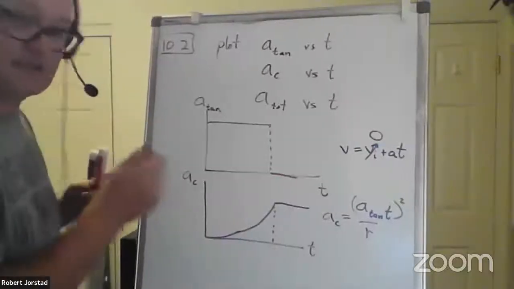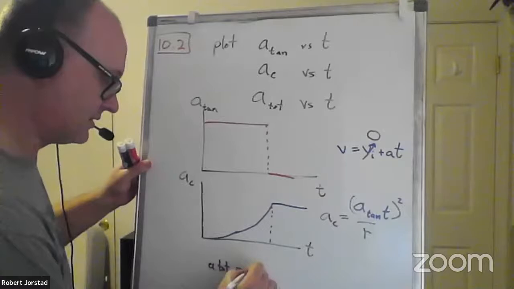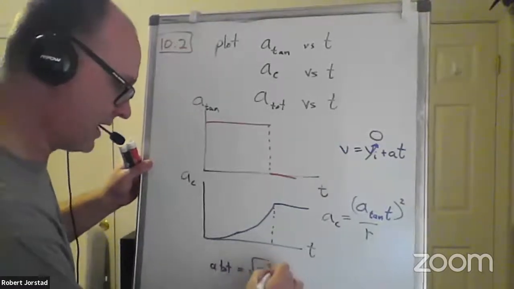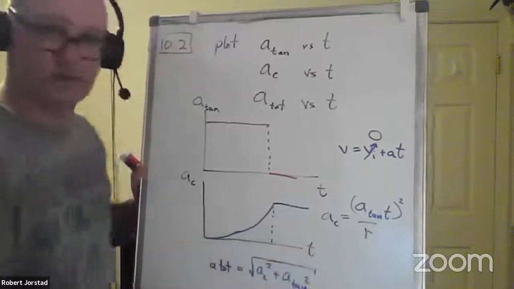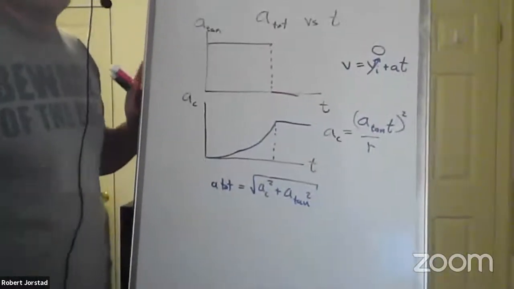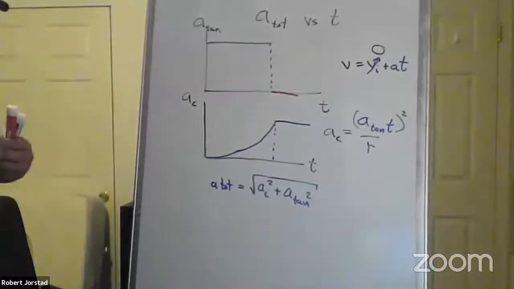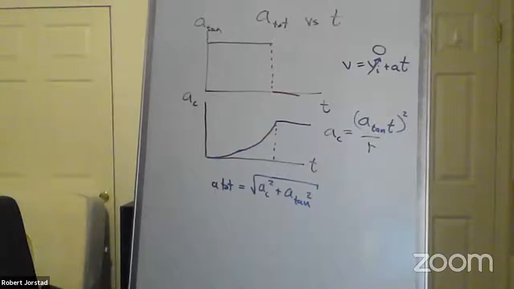Remember, A total is equal to the square root of AC squared plus A tan squared, right? That's our equation that we can use. At what point in time will we have the largest A total? So it would be when AC and A tan are equal?